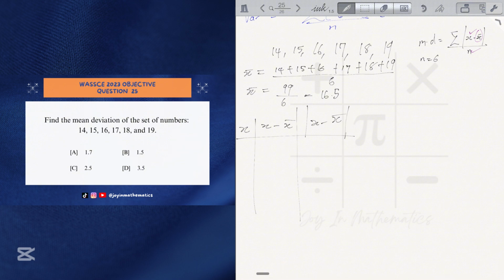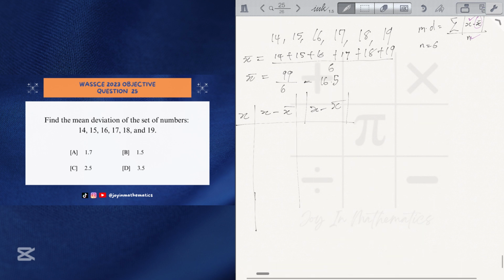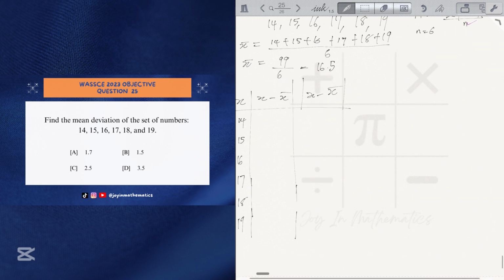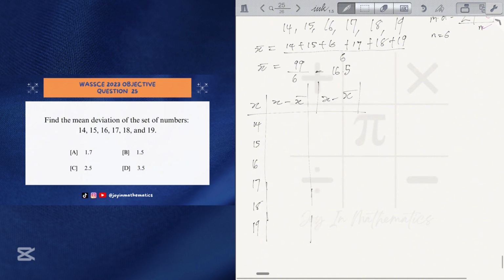Now let's begin with our values of x: 14, 15, 16, 17, 18, and 19. The next point of action is to find the second column, which is x minus x bar.